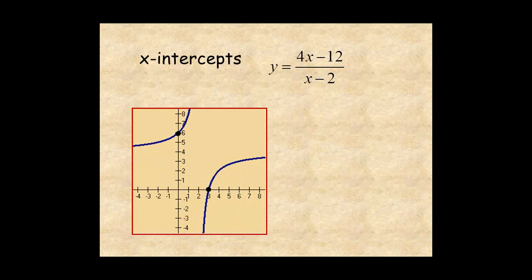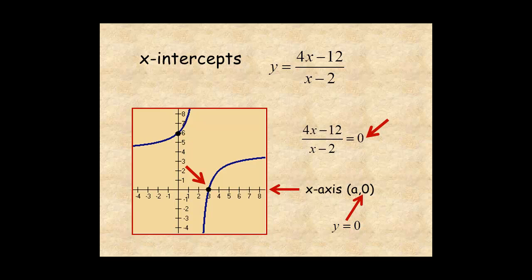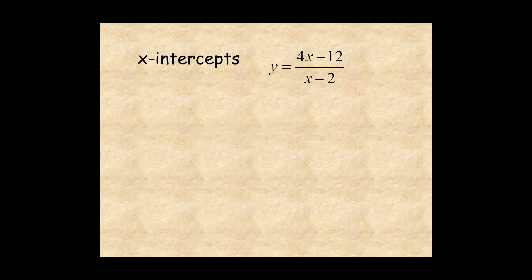Another important point to find is the x-intercept, the point on the graph where the function crosses the x-axis. Since every point on the x-axis has a y-coordinate equal to 0, you need to find where the graph of the function is equal to 0. Remember that a fraction is equal to 0 when its numerator is equal to 0.